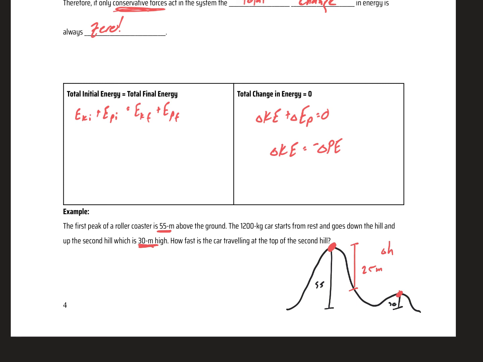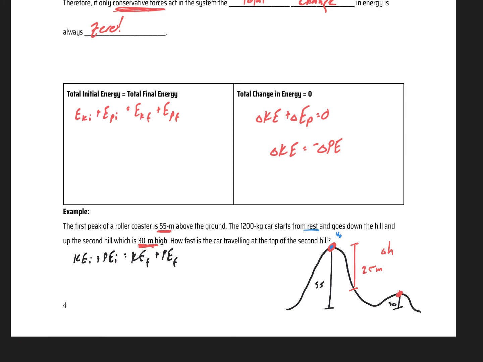So if we use our total initial and final energy equation, it looks something kind of like this. The initial kinetic energy plus the initial potential energy is equal to the final kinetic plus the final potential. What we're assuming is up here at the top, he's not moving. He's going to start at rest. That's typically how our questions go, right?